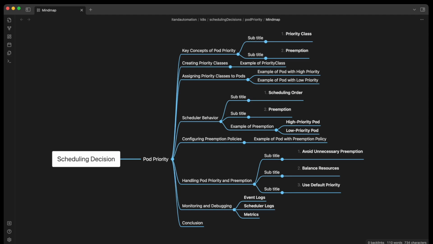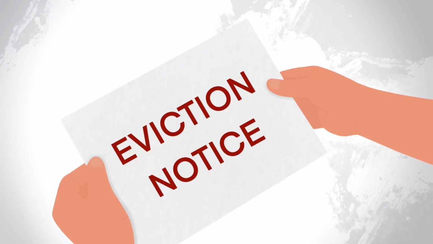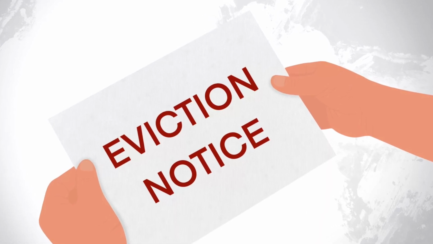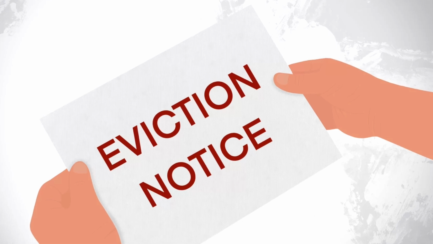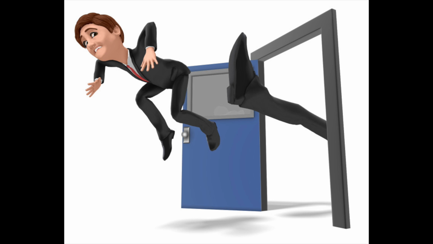That's where preemption comes in, a process where the scheduler evicts lower priority pods to make room for those higher priority pods. So if the cluster doesn't have enough resources, you kick out the lower priority ones, or the ones without priorities, and give maximum room to the higher priority pod.